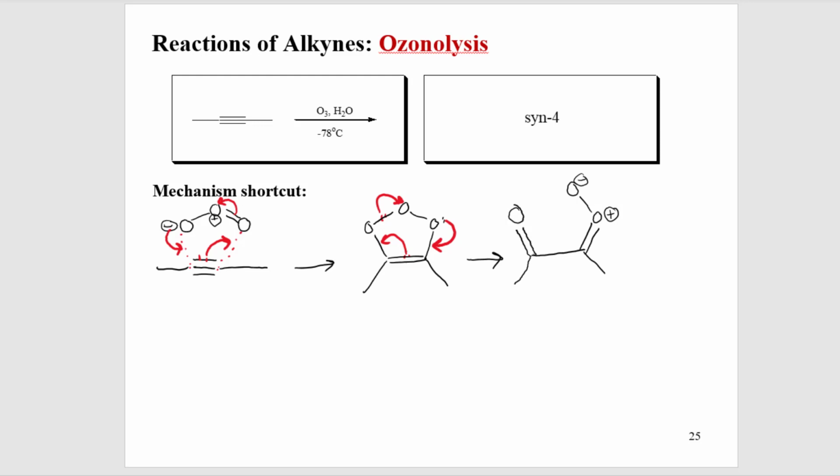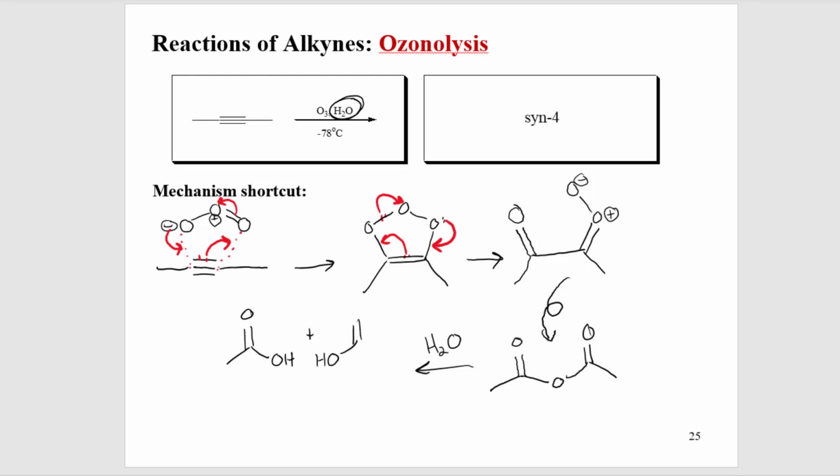And so this is going to rearrange into, and this is the part that you just don't have to worry about, it's going to rearrange into this anhydride. And because we're in the presence of water, the water will actually add to these systems in a way that we will see in Orgo 2, ultimately giving us two carboxylic acids.